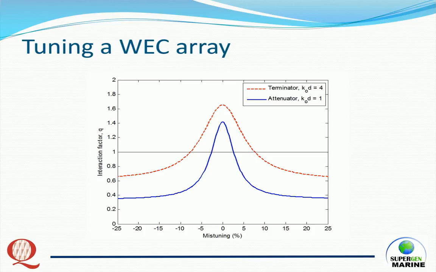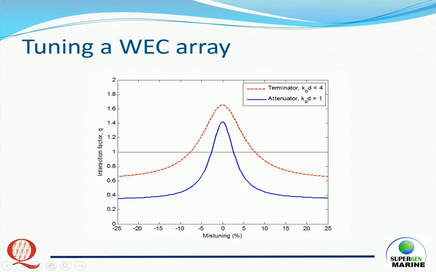And we found here, we did some quick modelling, or relatively quick modelling, and looked at the effect of how the interaction factor is affected if we don't get our control perfectly right. And you find that even though the attenuator, in this case the terminator, is doing better, the attenuator is actually a lot more sensitive.